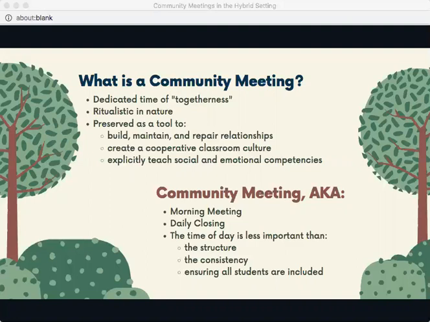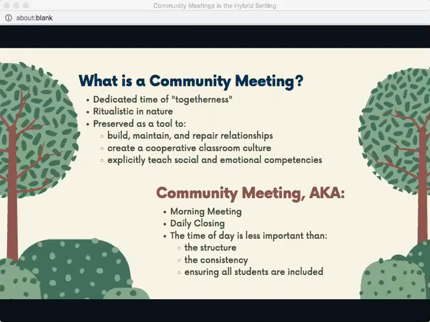Social emotional learning, or SEL, must be a cornerstone of all classrooms, particularly during these unprecedented times of uncertainty. We know that it can be a challenge to find the time to prioritize SEL in our classrooms, and a community meeting is an ideal place to really preserve time for SEL direct instruction.